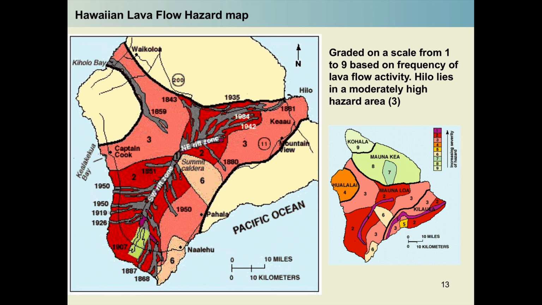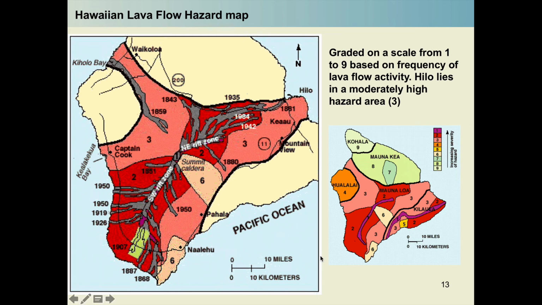So just for background, you can see here for this end part of your homework assignment, the lava flow hazard map for Hawaii, for the Big Island. And this is very interesting and instructive because we know that in 2008 we had lava flows that opened up along the East Rift and they really caused a lot of damage.